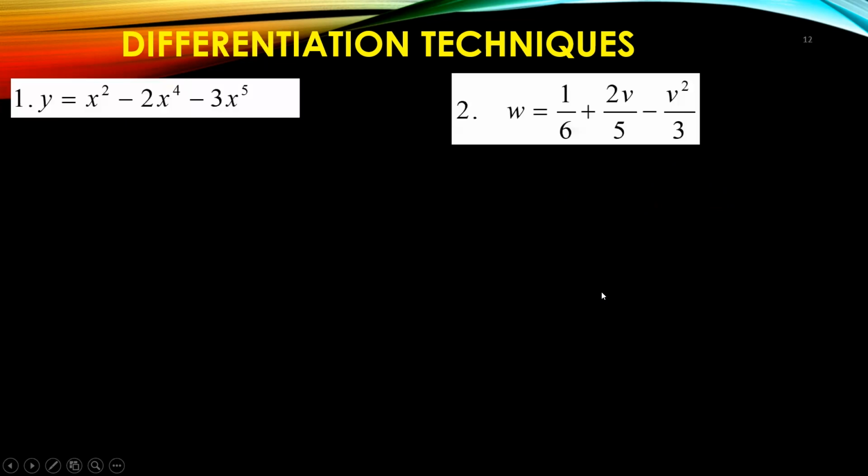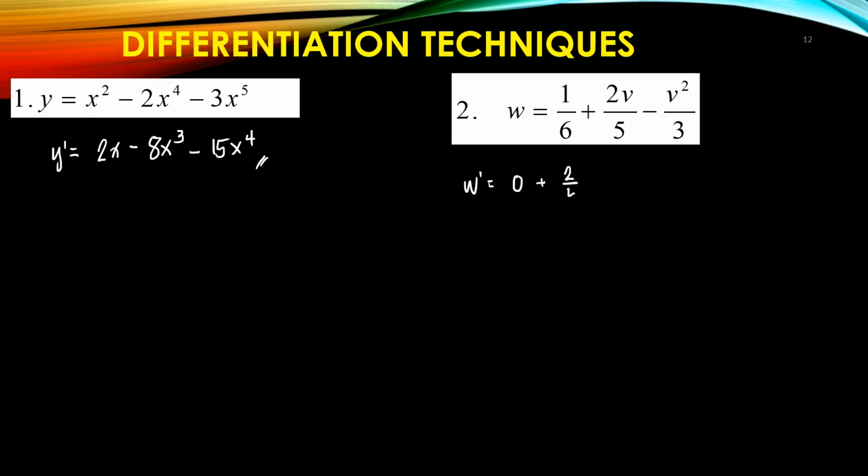Okay, next. Here are some examples. Let's try. This is 2x minus 8x to the third minus 15x to the 4. That's it, right? Next, w prime. The first one is a constant, so I can say 0 plus 2/5 of v.